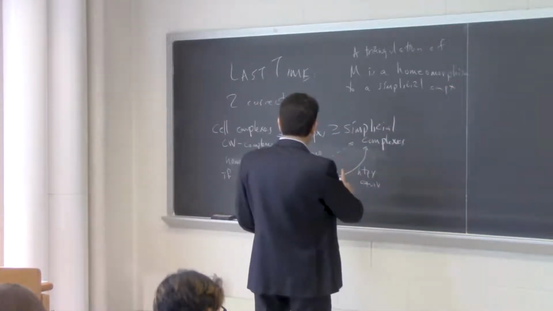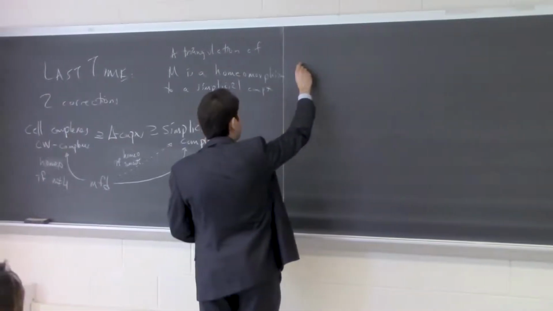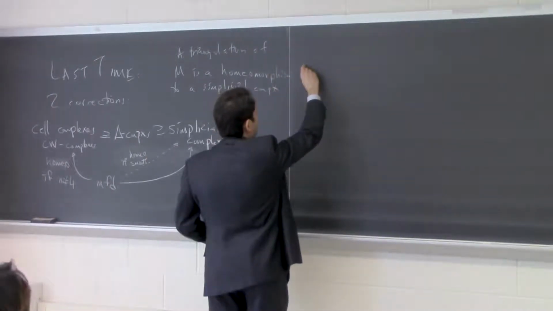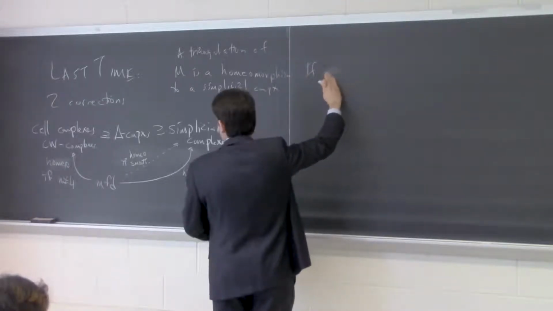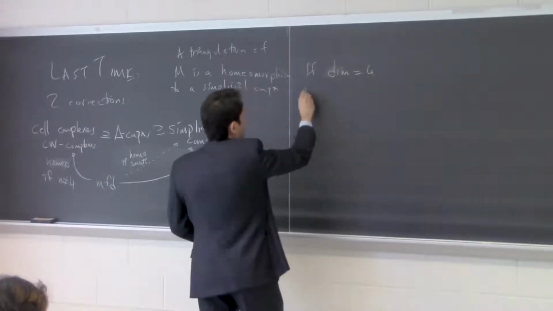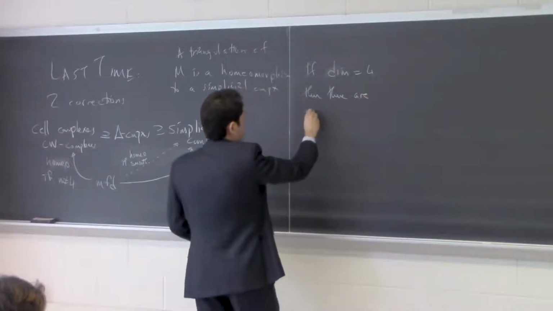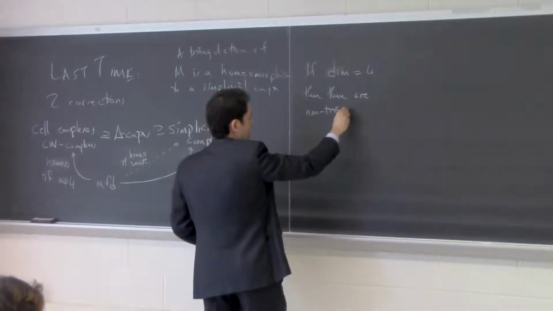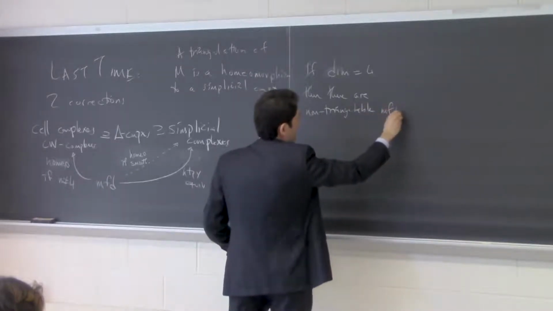Okay, so the fact that I was misstating last time is the following: if the dimension is equal to 4, then there are non-triangulable manifolds.